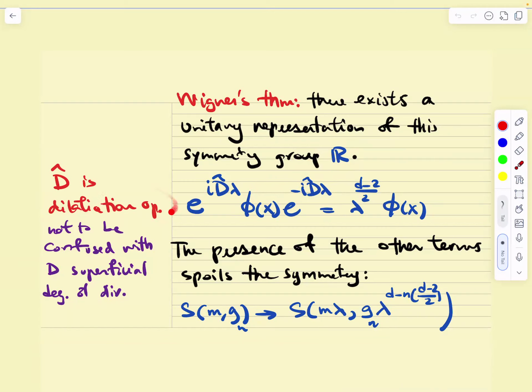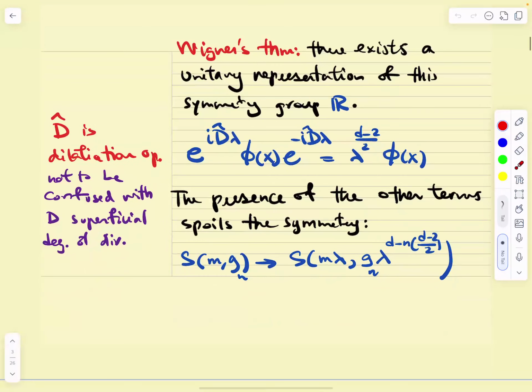It's a dilatation operator, not to be confused with the superficial degree of divergence that we talked about last time, which we also denoted as capital D. If you apply this unitary transformation to field phi of x, it will pick up this lambda to the power of (d minus 2) over 2. This is the active picture, where we actively scale.